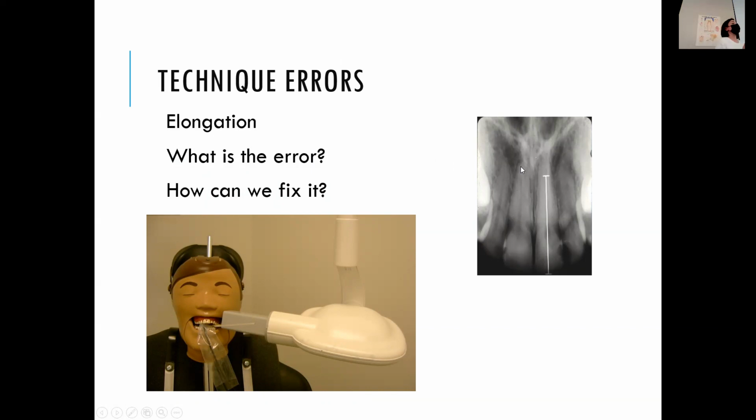That's one thing that you'll see sometimes, that it'll be so elongated that it stretches right off of the film. But a lot of times if it's not off of the film, you'll still see this kind of distorted, blurry appearance at the apex. And there it's too flat.